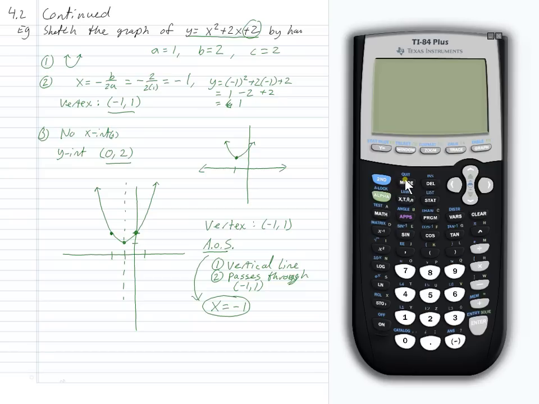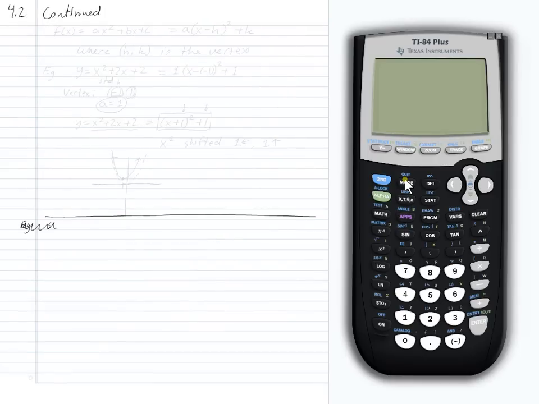Now all of the parabolas that we've looked at so far have been in this standard form, ax squared plus bx plus c. The other form that our parabola can take goes back to that strange alternate version where we wrote it in terms of transformations. A condensed form for that is what we call vertex form.